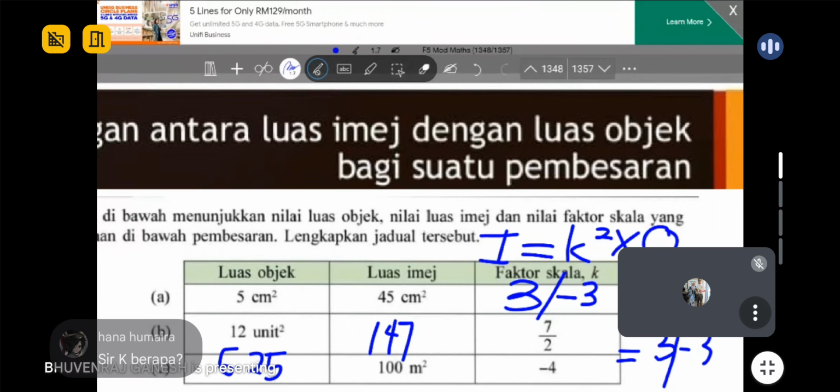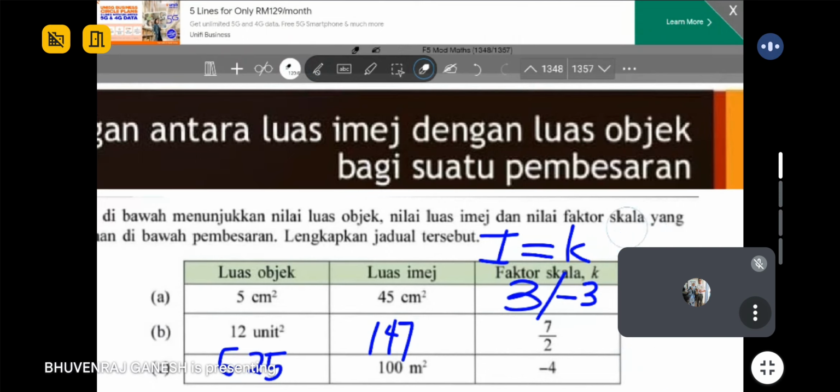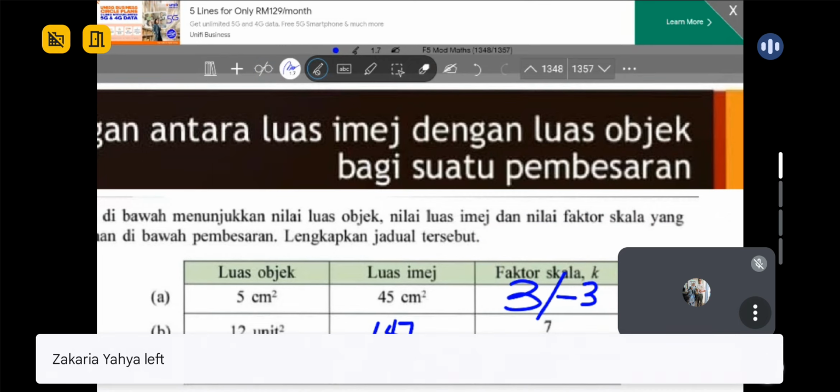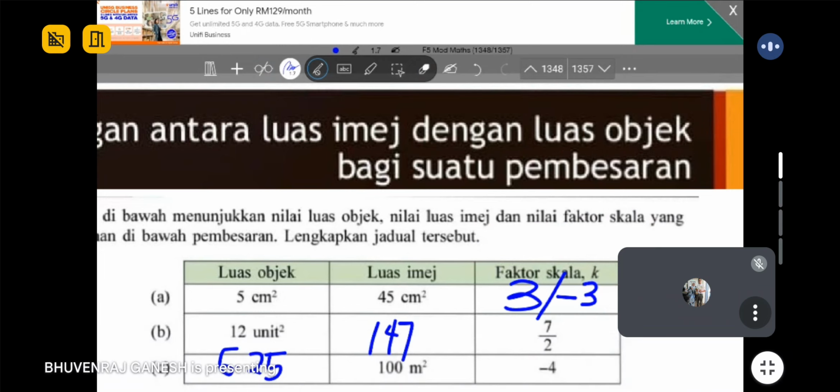K can be 2 values, either 3 or negative 3, because the square root of 9 gives positive and negative. Yes, modulus, correct. But in this situation, we have to consider positive and also negative.